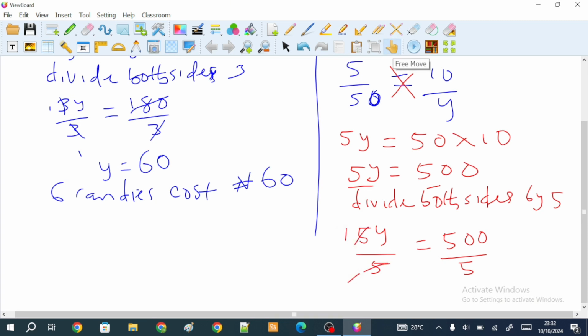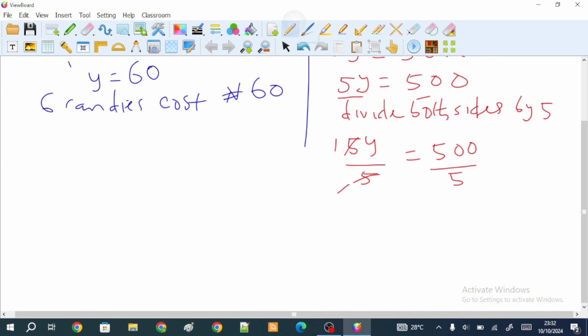Remember what we said: one y is the same as just writing y. 5 can divide 10, 5 times 2 is 10, and 0 divided by 5 is 0. So 0 over any number is same as 0, just like 0 times any number is 0. So it means 500 divided by 5 is 100.